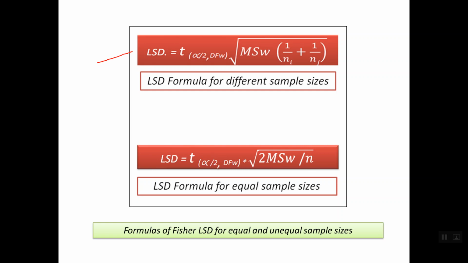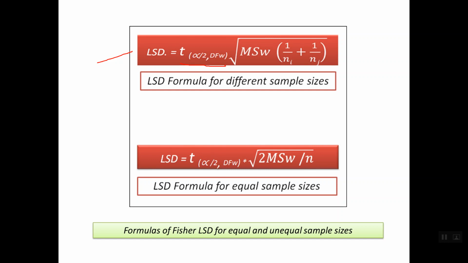The value of the LSD, or least significant difference: first we get the value of T by knowing the value of the significance level and the degree of freedom for the error or within.